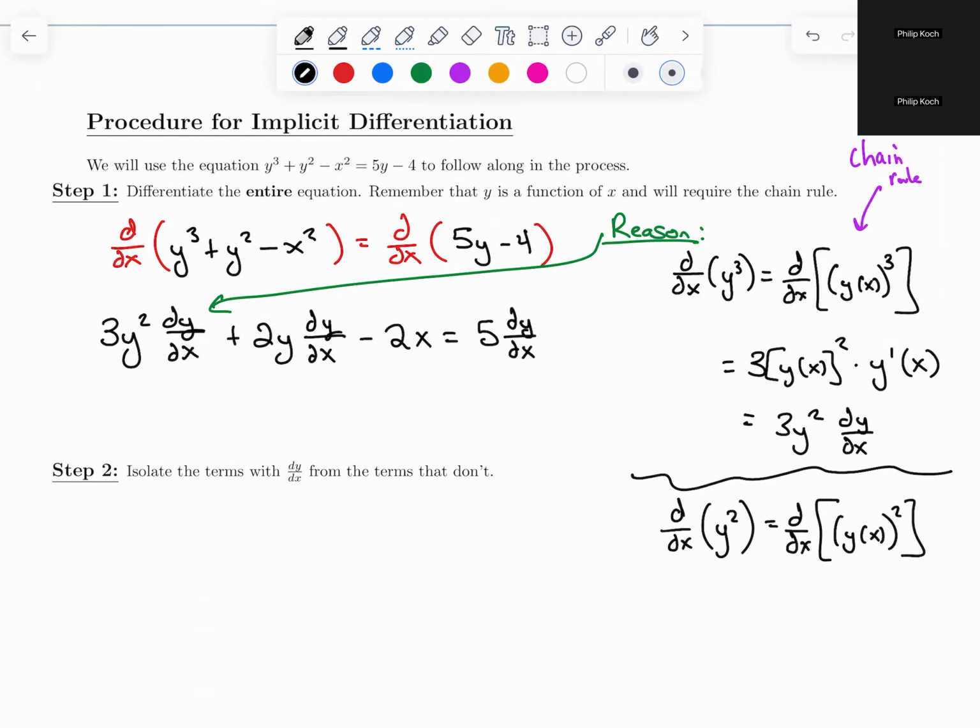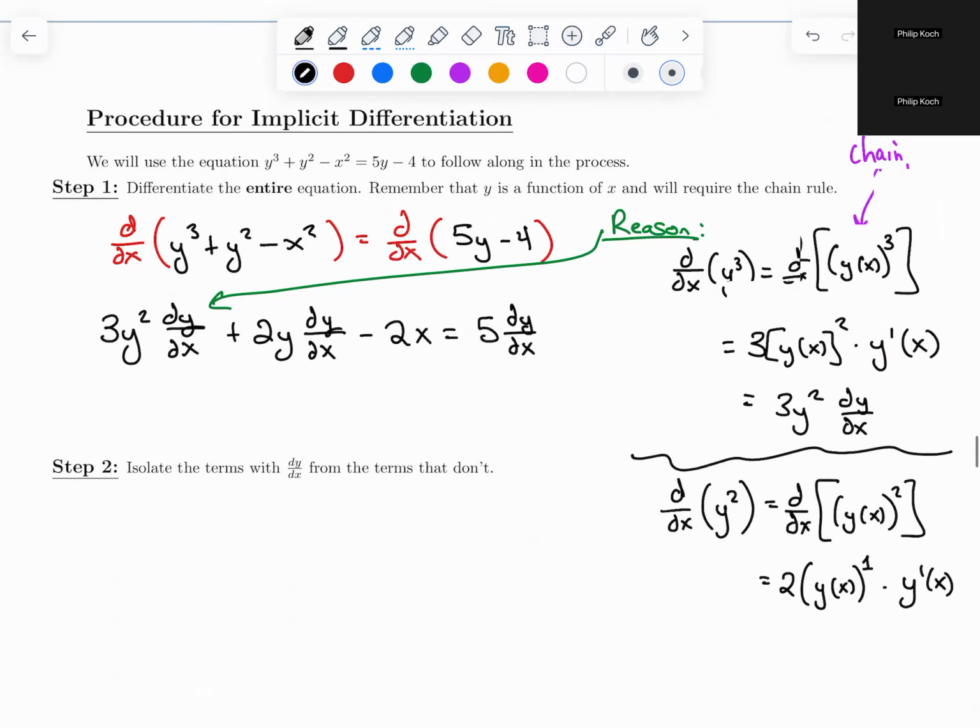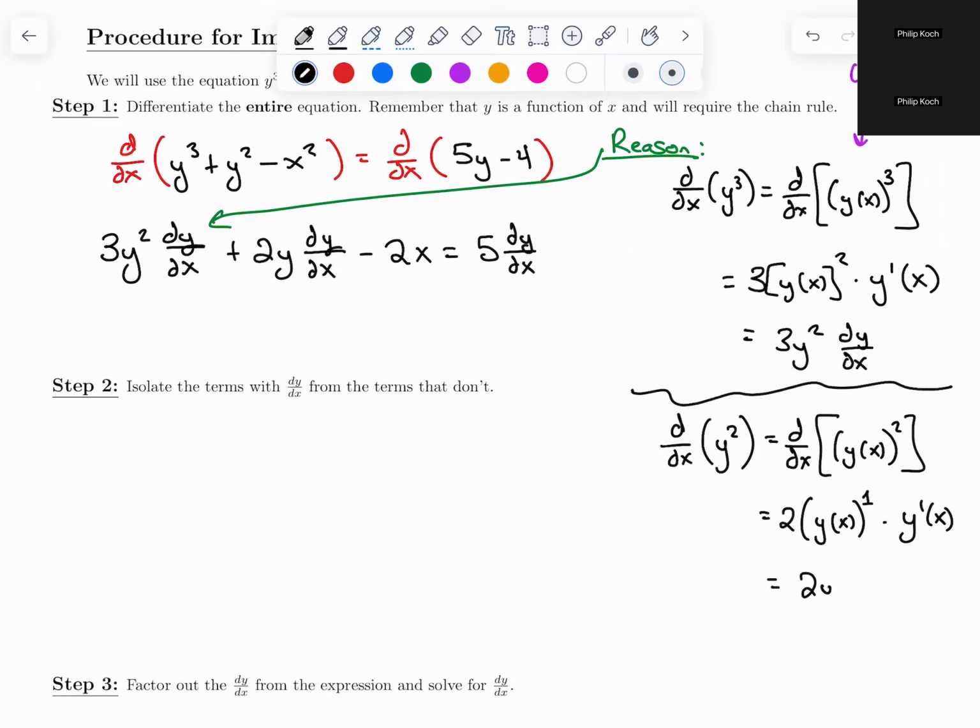So by the chain rule, the outer function being the second power, inner function being y of x, it will be 2 times y of x to the first power times dy dx, the derivative of the inside. Or let's write it as y prime of x, excuse me, which we will then rewrite as 2y dy dx.